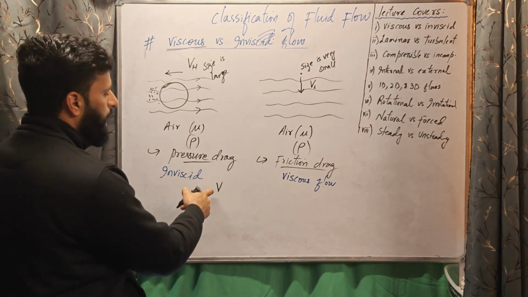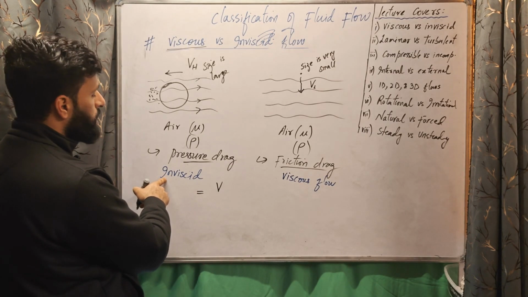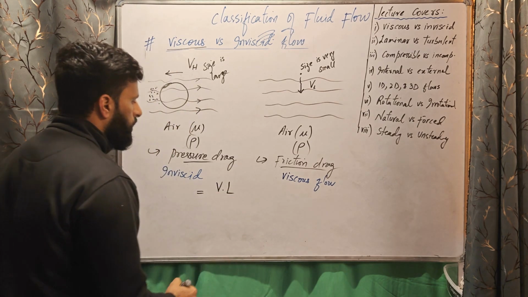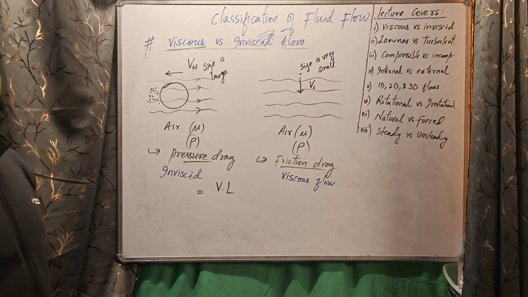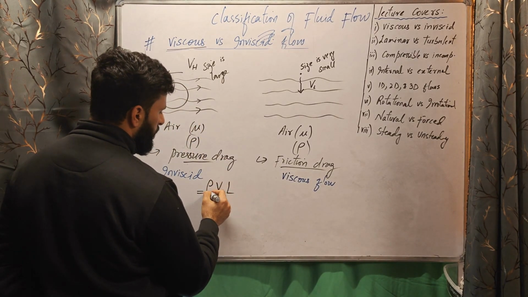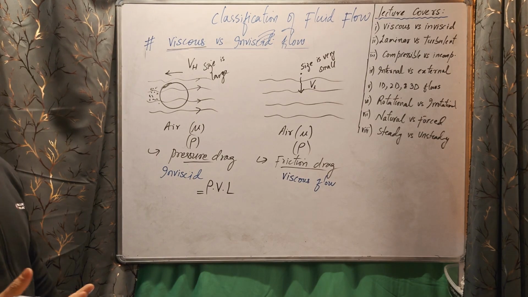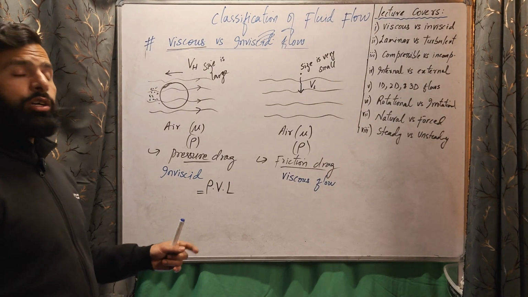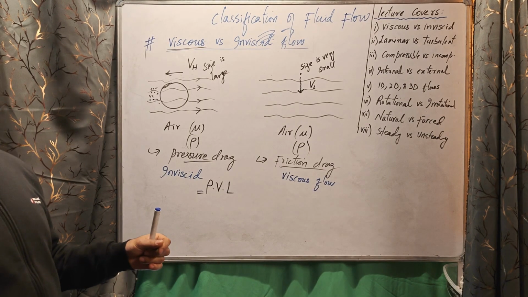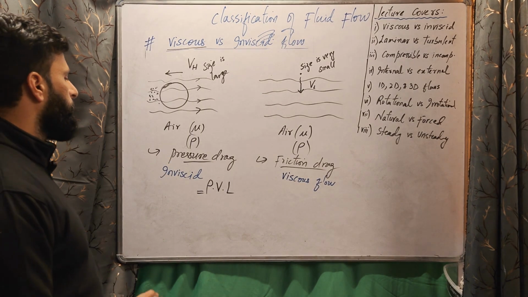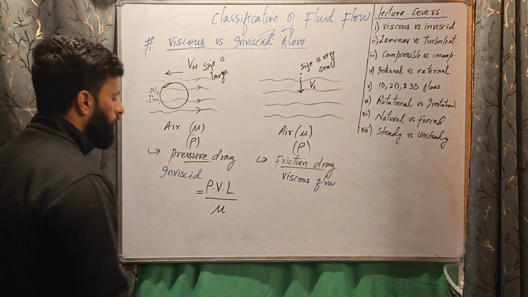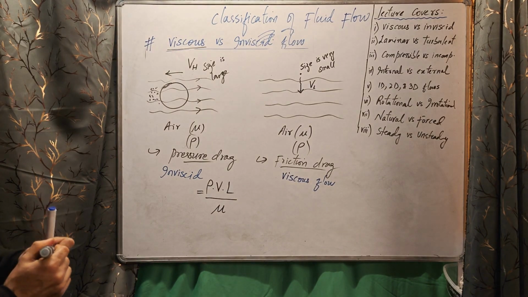Higher velocity takes us towards inviscid flow, as does larger size. For the size we take a length, called the characteristic length. Higher density also takes us towards inviscid, pressure-dominated flow, and of course lower viscosity as well.